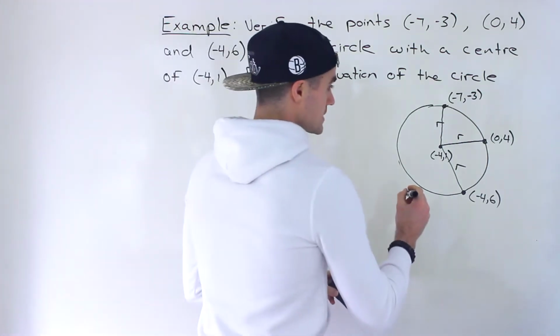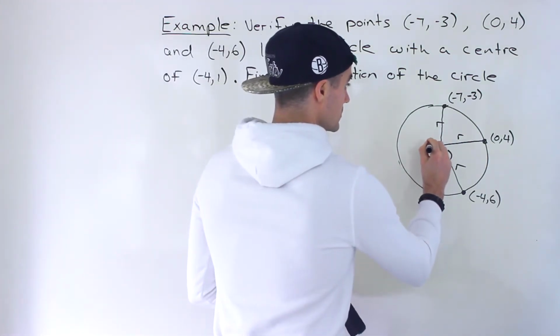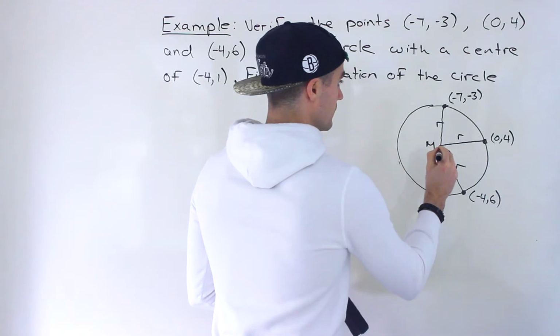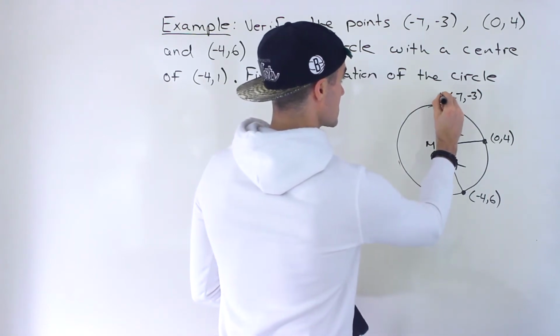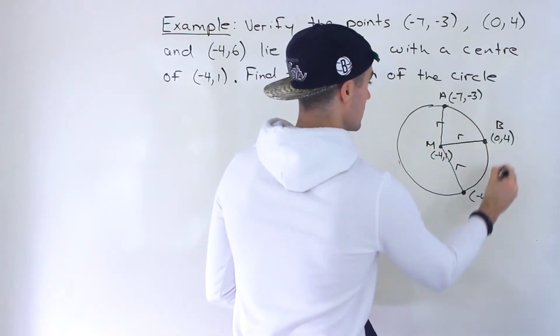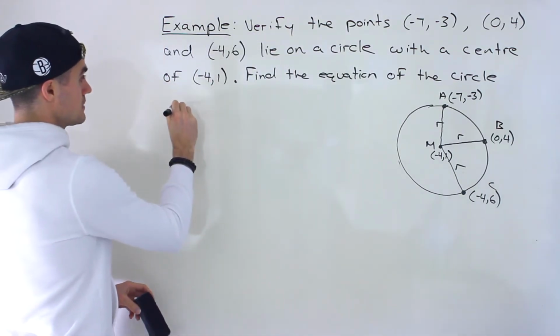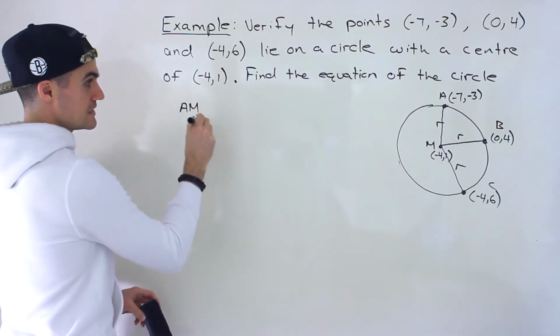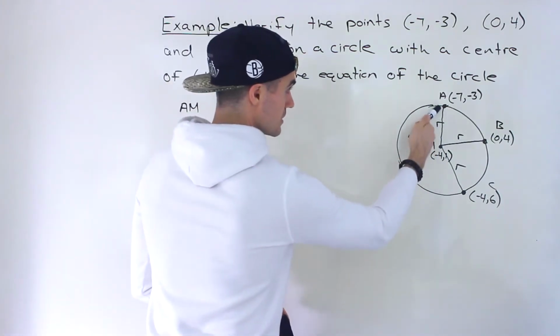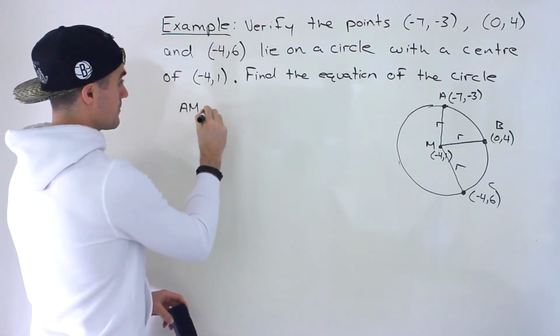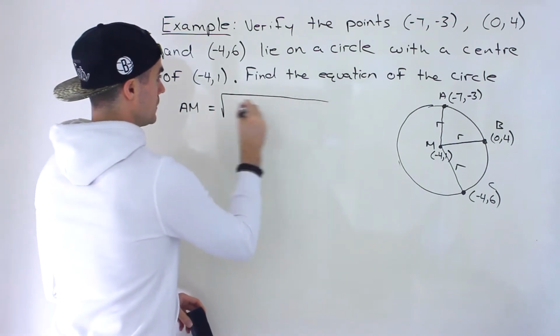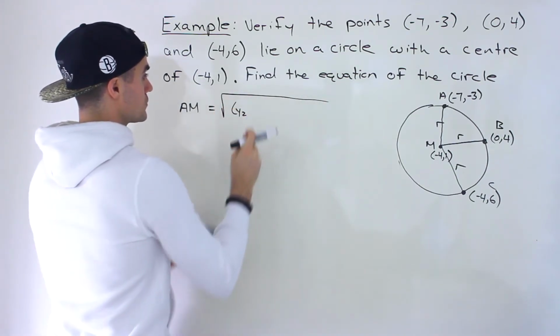So let's, I'll label the center of the circle as M, right? Maybe to symbolize middle, and then I'll have A, B, and then C, like that. So let's first find the length or the distance from this point to this point, right? The length of AM. Now, the length formula, square root of (x2 - x1) squared plus (y2 - y1) squared.